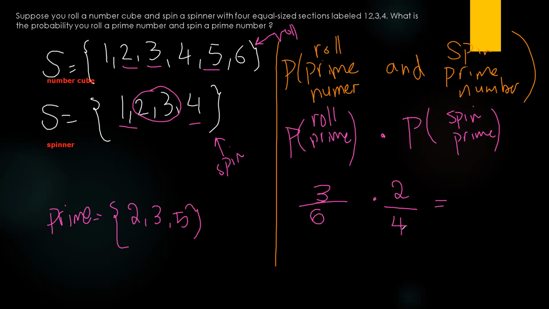So the answer will be 6/24 or 1/4. Since we see the word and, you have to think if it is independent or dependent. Don't think about mutually or not mutually exclusive.